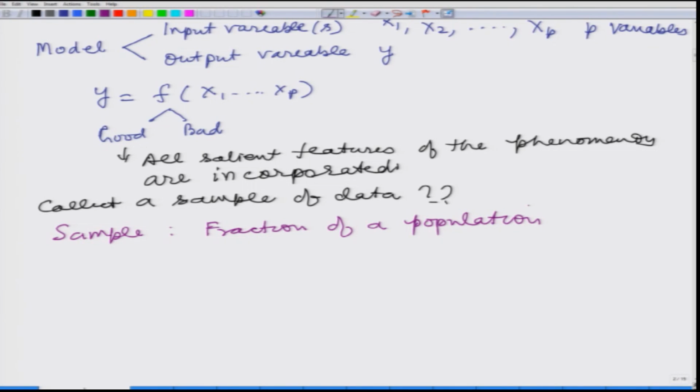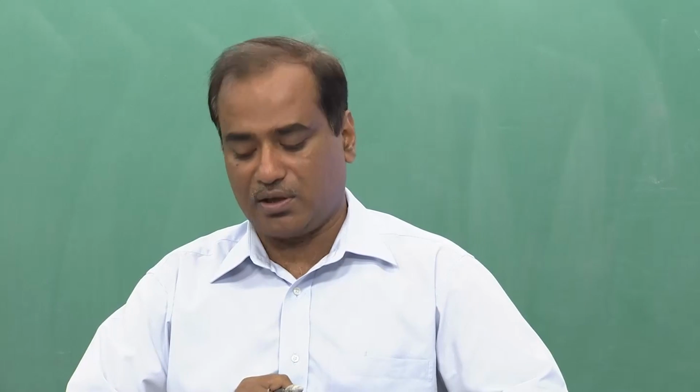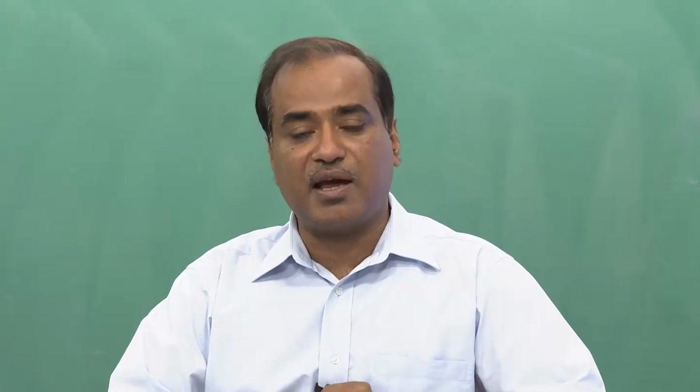But this needs to have one very important characteristic, that we assume that the sample is a representative sample, in the sense that whatever features are available in the population, they are present in my sample.